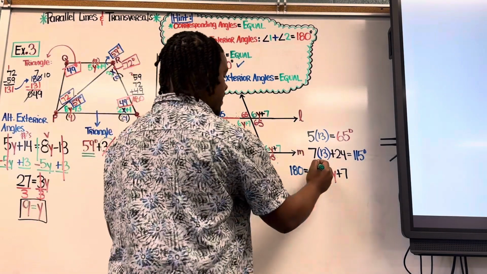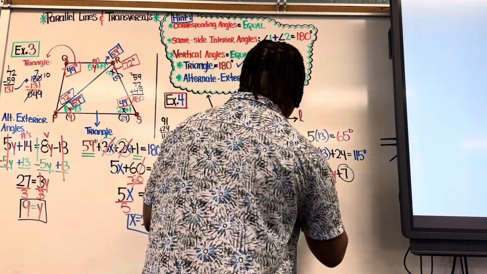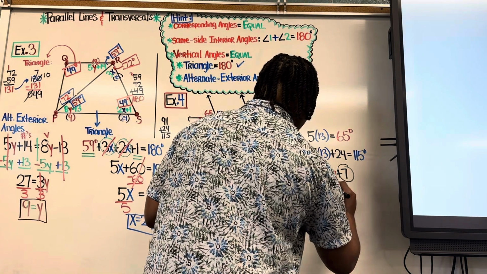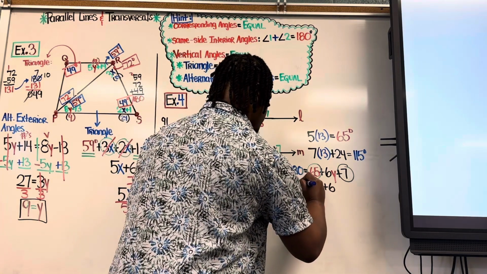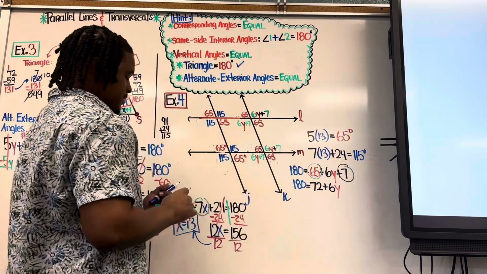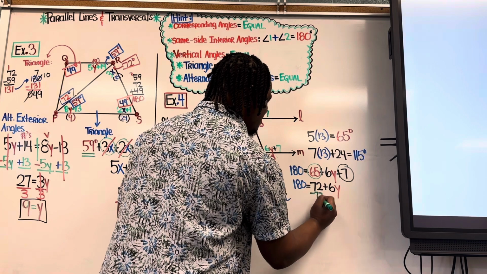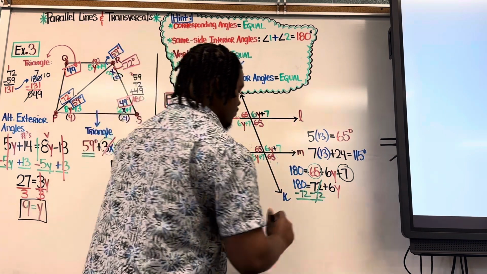Of course, I can combine like terms. I can combine 65 and 7, which is 72. So now we're going to have 72 plus 6y equals 180. I need to subtract both sides by 72. 180 minus 72 is 108.